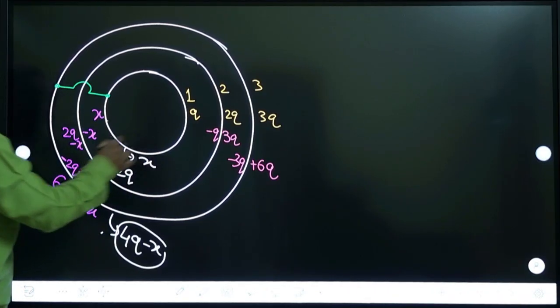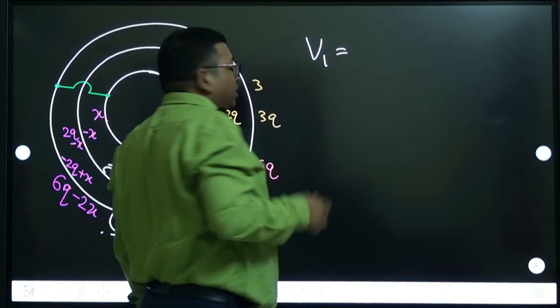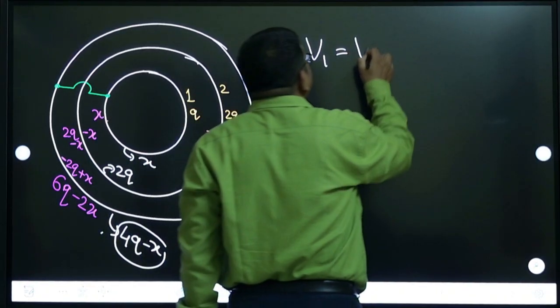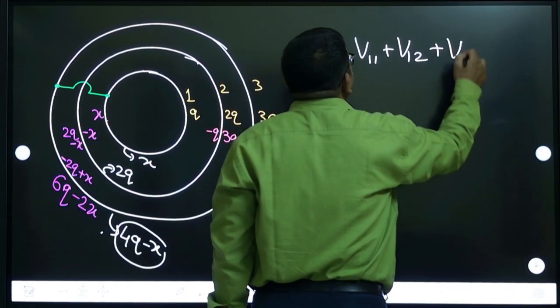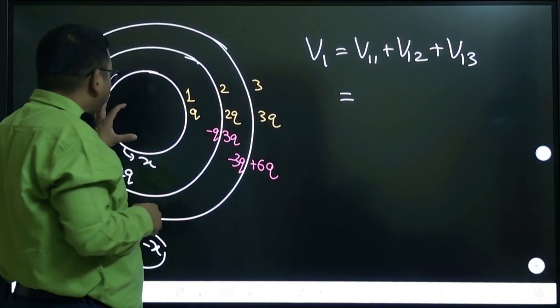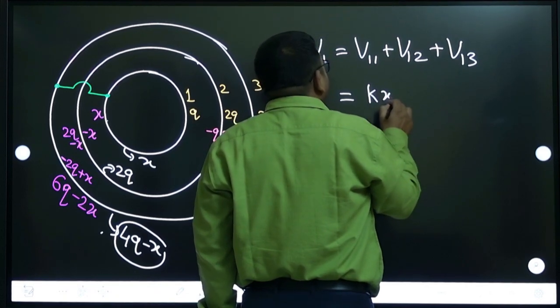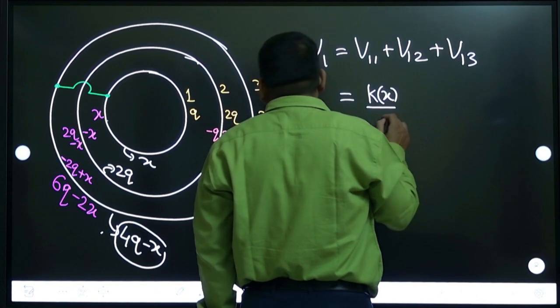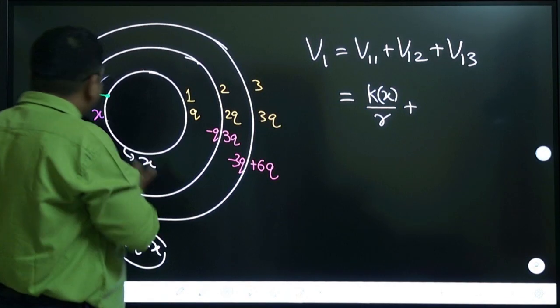Okay, right. Now let us write potential of point 1. Potential of point 1 will be due to its own plus potential of 1 due to 2 plus potential of 1 due to 3. Let us write potential of 1. So here charge is x. So kx by radius r, plus potential of this due to the second charge.